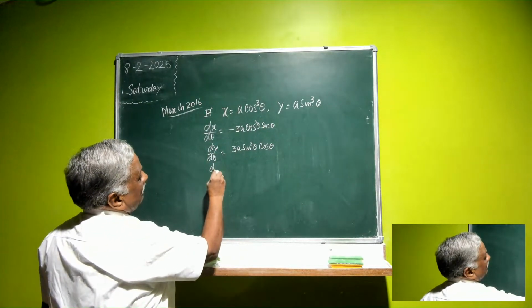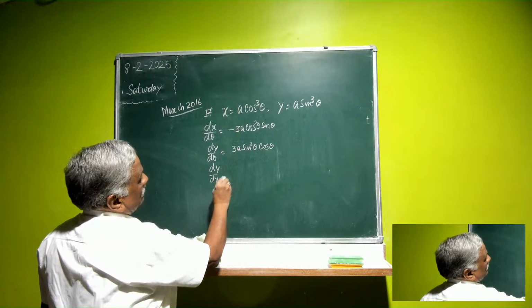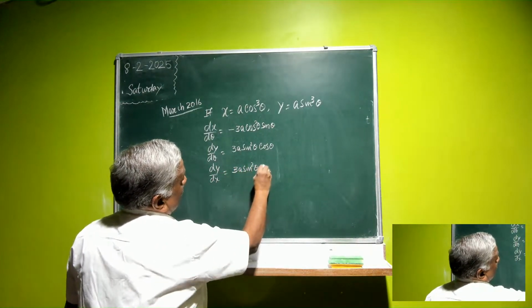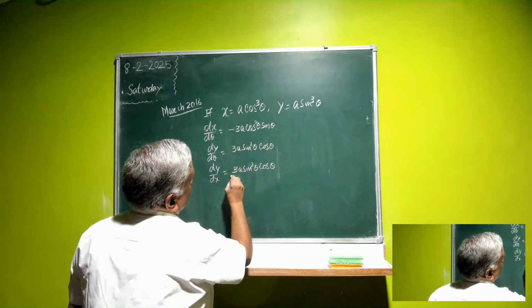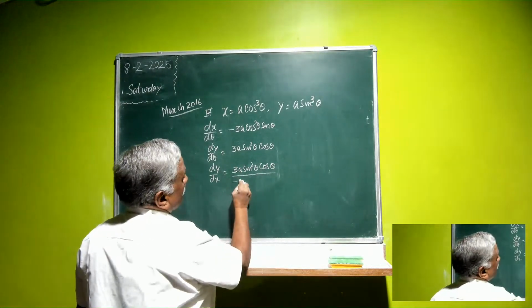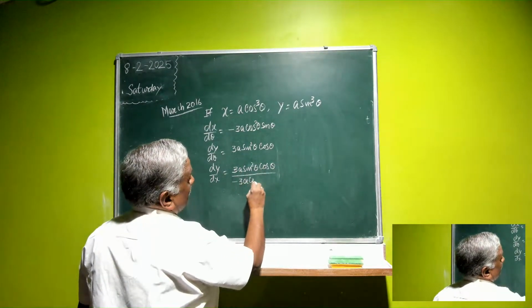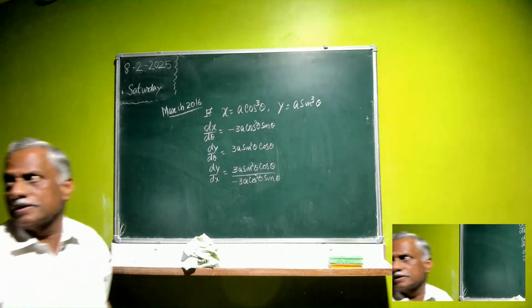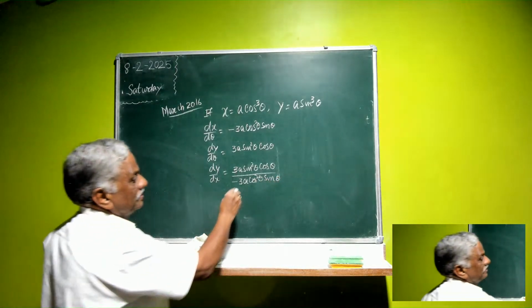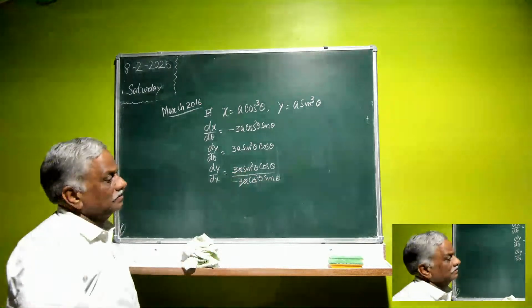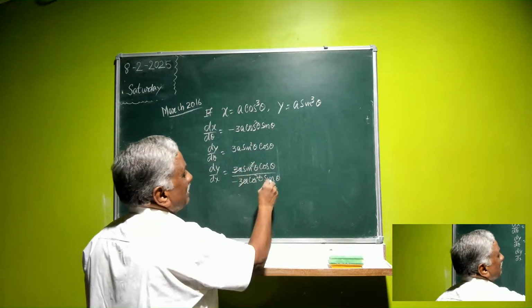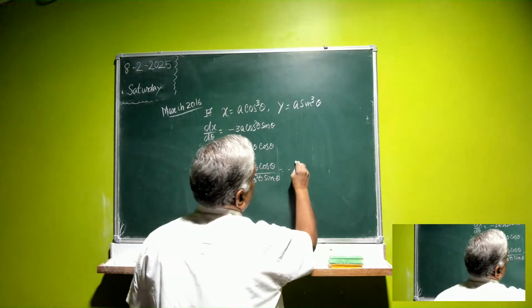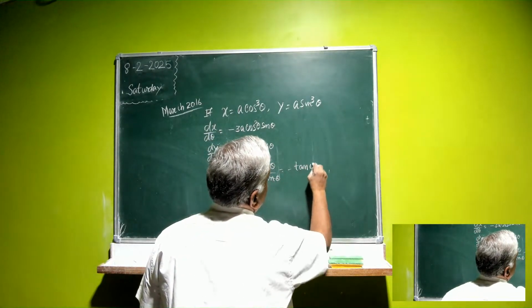Now you have to find dy by dx. That is equal to 3a sin square theta into cos theta divided by minus 3a cos square theta into sin theta. So 3a will cancel, one sin will cancel, one cos will cancel. What is left is minus sin by cos.